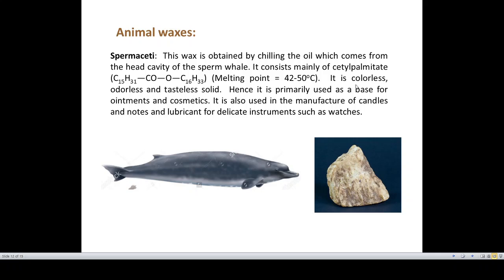Coming to the physical characteristics, it is a colorless, odorless and tasteless solid, and hence this wax is generally used as a base for the preparation of ointments and cosmetics. It is also used in the manufacture of candles, and it is an excellent lubricant for delicate instruments such as watches. So this is all about spermaceti, the animal wax.